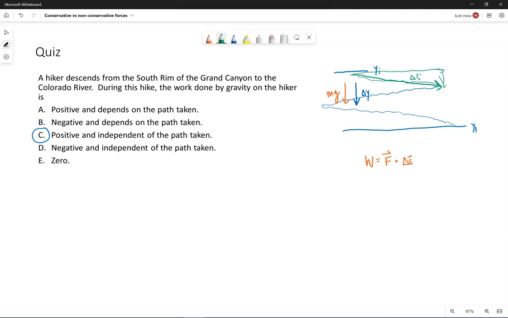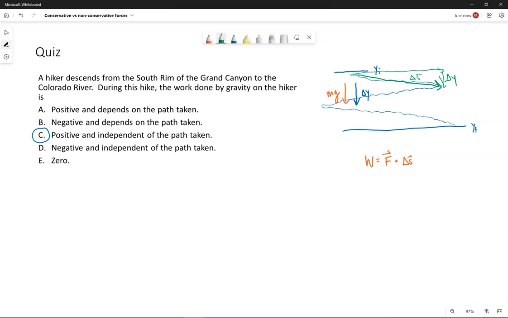The force of gravity does not do any work when the motion is horizontal because the force is perpendicular to the motion. It is not responsible or involved directly in speeding up or slowing down the hiker. But gravity does work over any vertical distance.